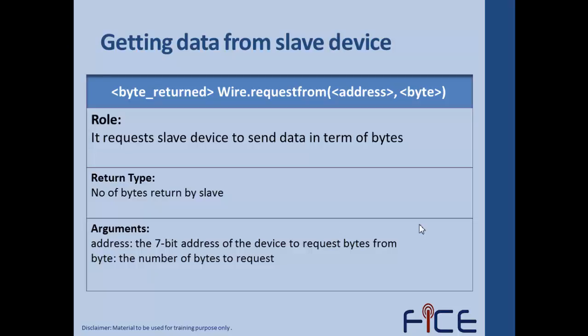The first argument is the address: we have to mention from which slave device we are going to get the data. In the second argument we mention how many bytes we want to get from the slave device.